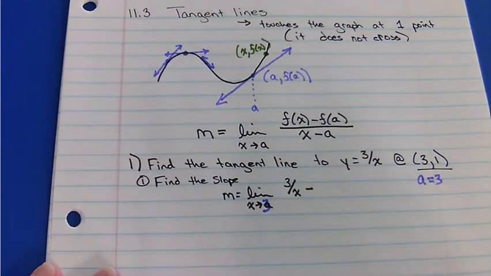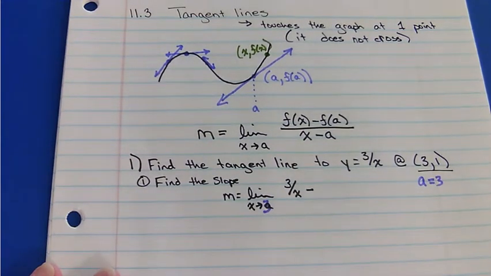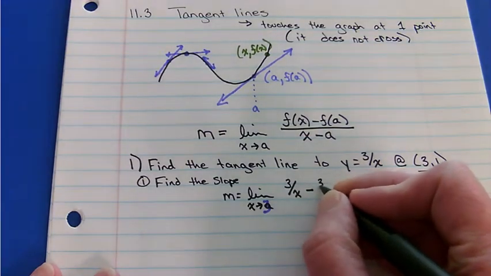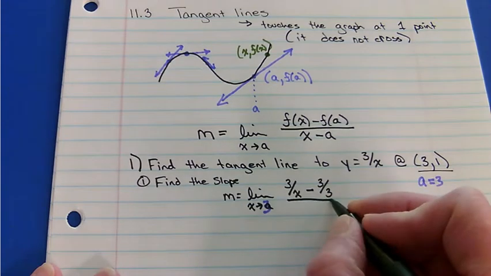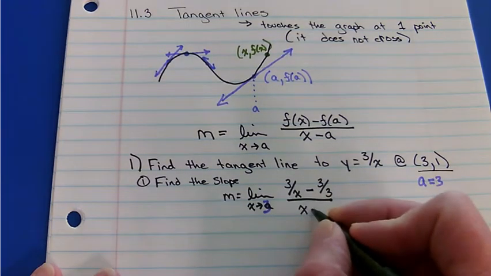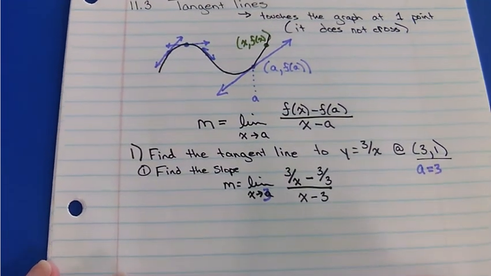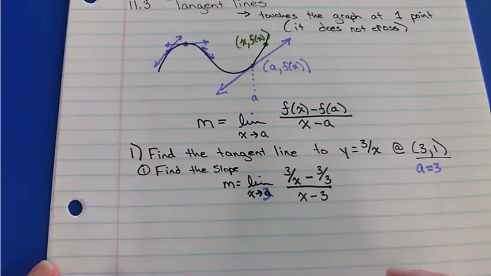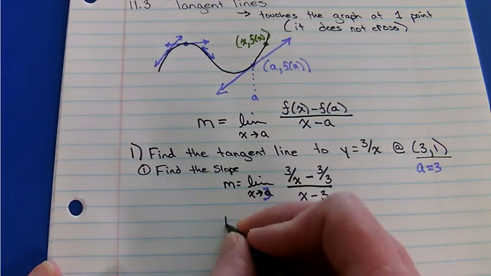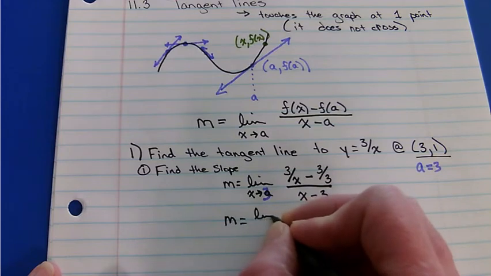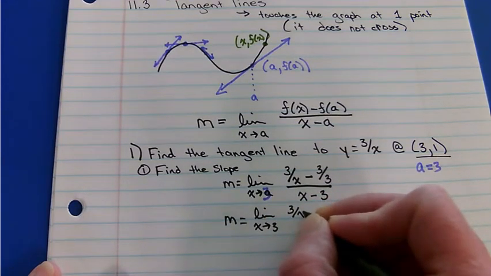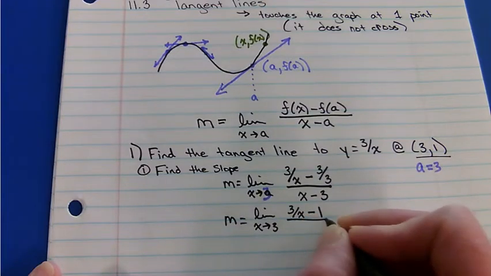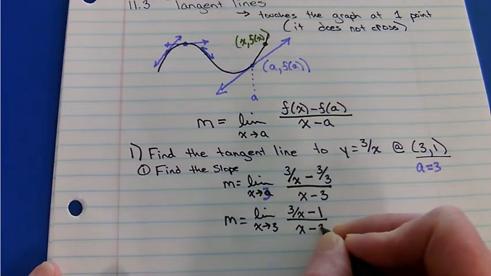We're looking at when x becomes 3. So this would be 3 over 3, over x minus 3. I can simplify that a little bit. That's going to be 3 over x minus 1, over x minus 3.